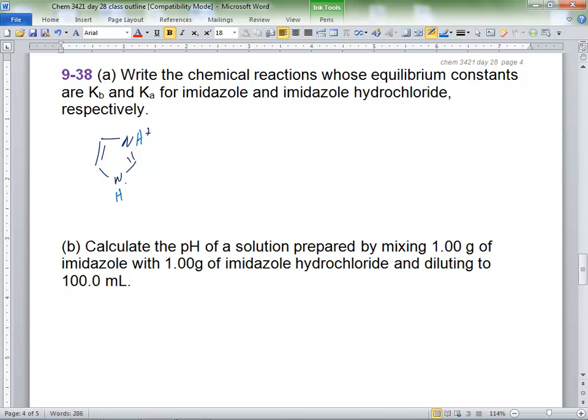And the book also gives you 6.993 is the pKa. So on page AP15, I found this information.